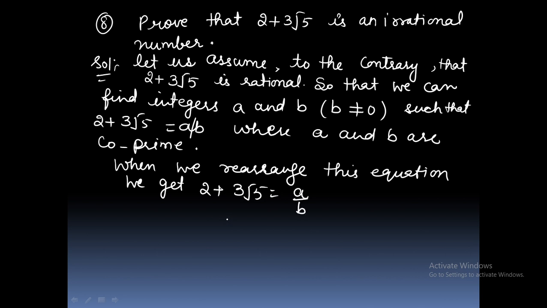After rearranging, 3 root 5 is equal to a by b minus 2, and root 5 is equal to a by b minus 2, over 3.